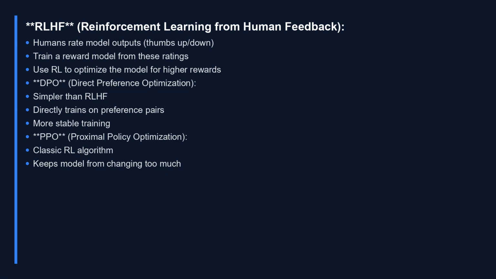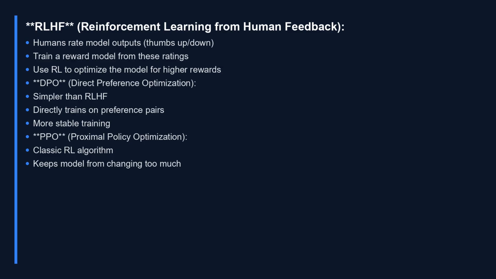There are three main techniques for alignment. RLHF, reinforcement learning from human feedback, is the original approach. Humans rate model outputs. Those ratings train a reward model, and then reinforcement learning optimizes the base model to score higher on that reward model. It works well but is complex to implement. DPO, direct preference optimization, is simpler.